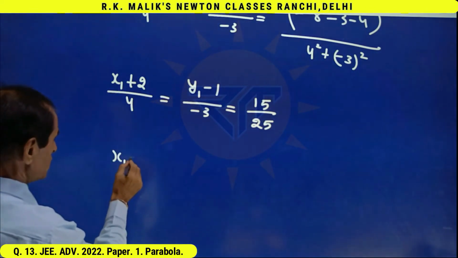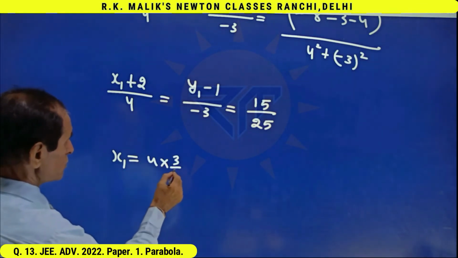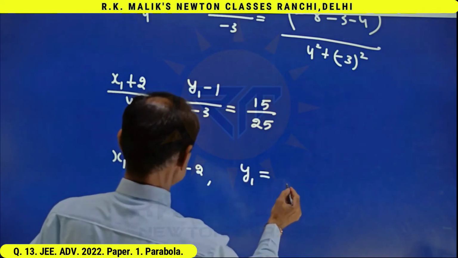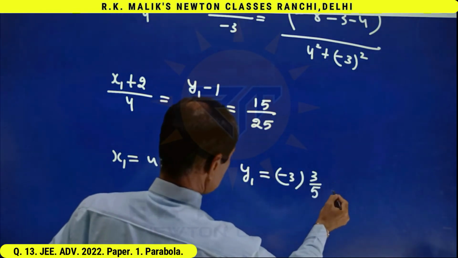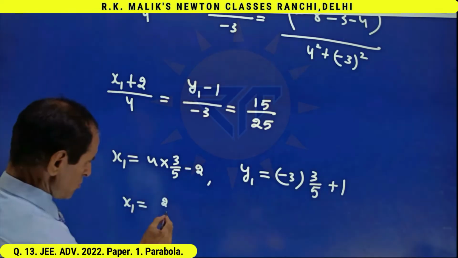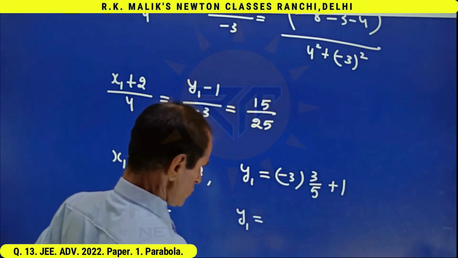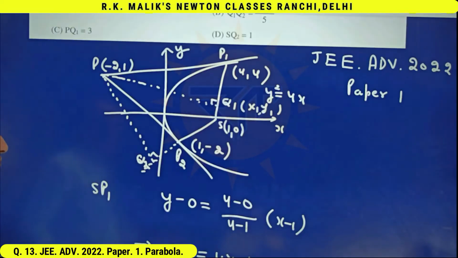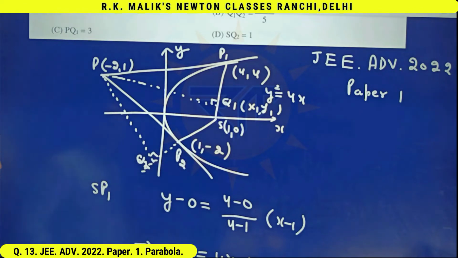That is, x1 is equal to 4 into 3 by 5 minus 2, y1 is equal to minus 3 into 3 by 5 plus 1, that is x1 is equal to minus 2 by 5 and y1 is equal to minus 4 by 5. This means the point Q1 is lying in the fourth quadrant.